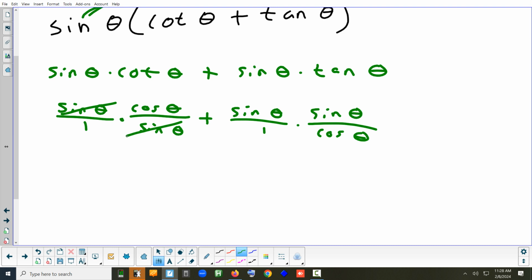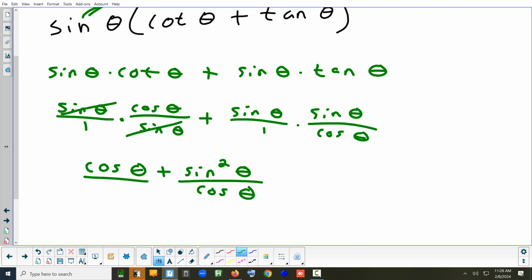I can't cancel across the plus sign. It's not being multiplied. So we're going to have cosine plus sine squared over cosine. So now we have cosine over 1 if you want, plus sine squared over cosine.